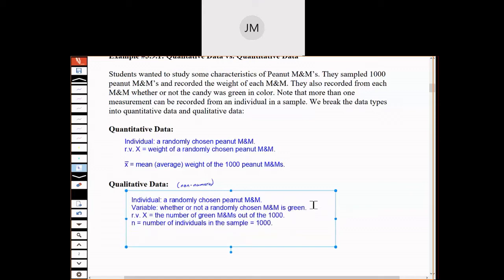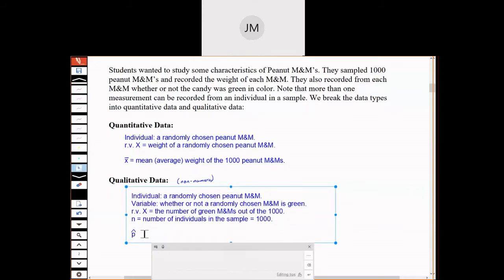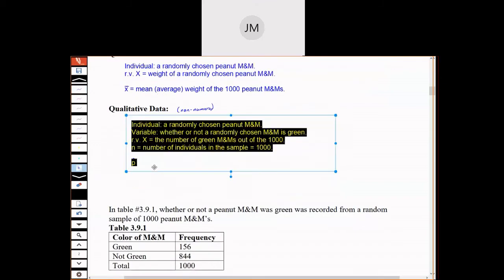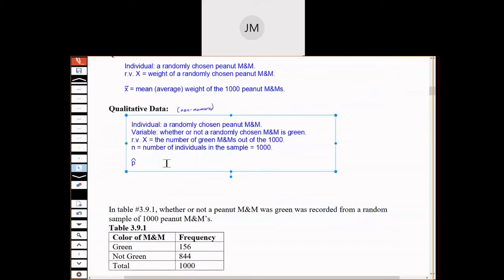Okay. And then the P hat, draw a little hat over this guy. The P hat is going to be that sample proportion. Okay.